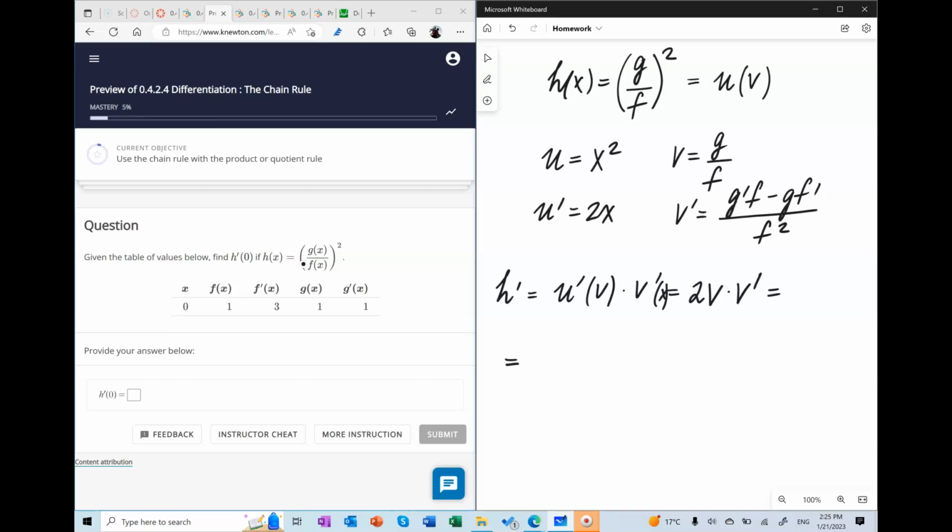So 2v means we have 2g divided by f times v prime means we plug in that formula.